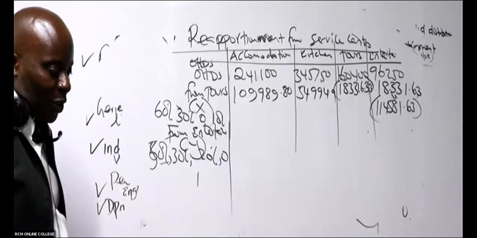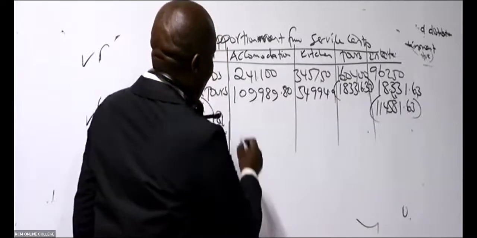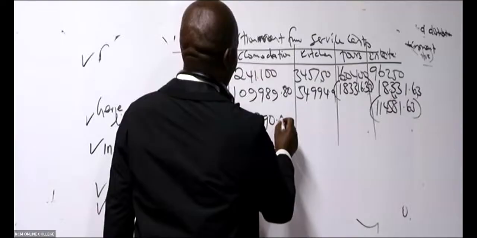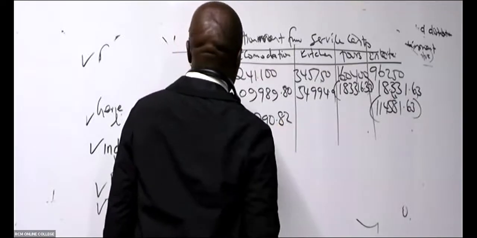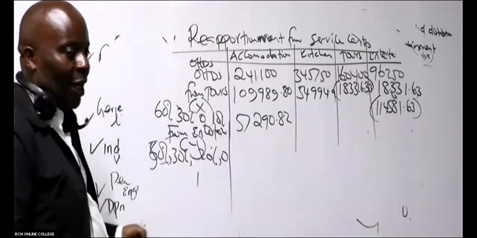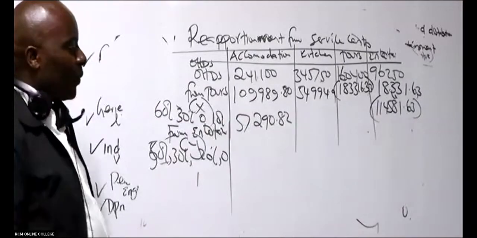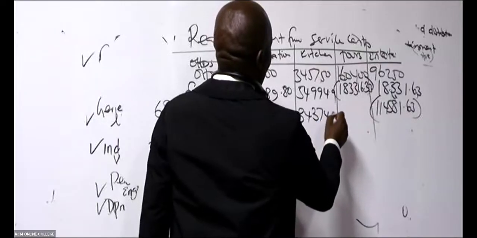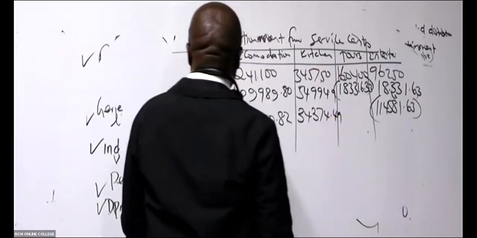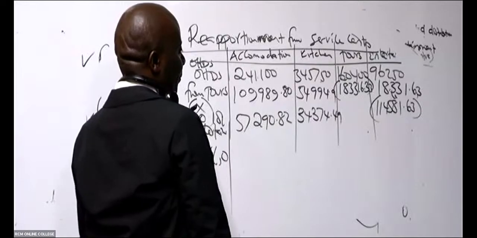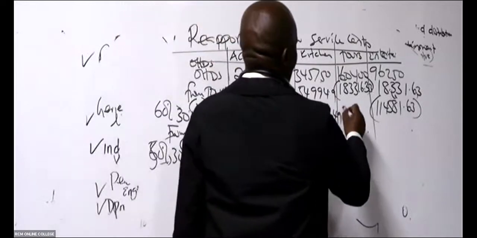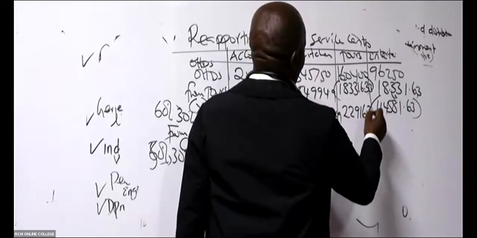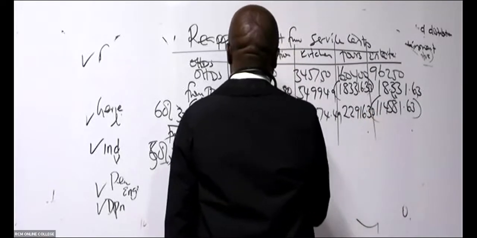What figure are we getting? 57,290.82. How about 30% of that figure there? 34,374.49. How about 20%? 22,916.33. So now come and add everything.